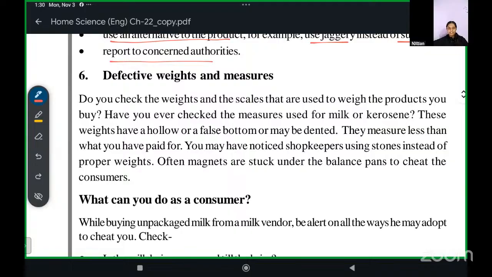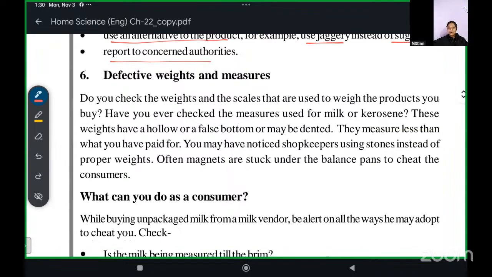If you've seen fruit and vegetable sellers, they have a structure like this where two sides are there, and this is attached. This is a weighing structure. On one side, they put your product, apples.